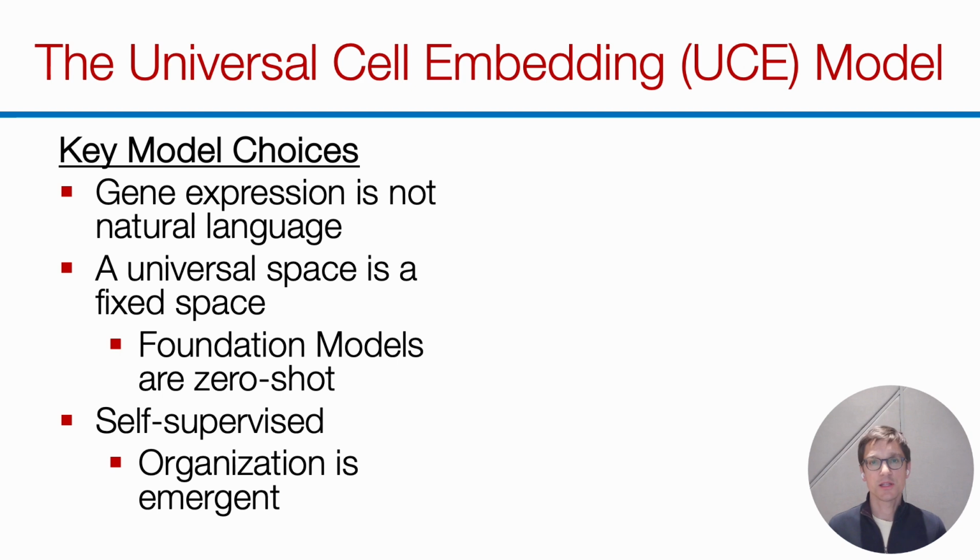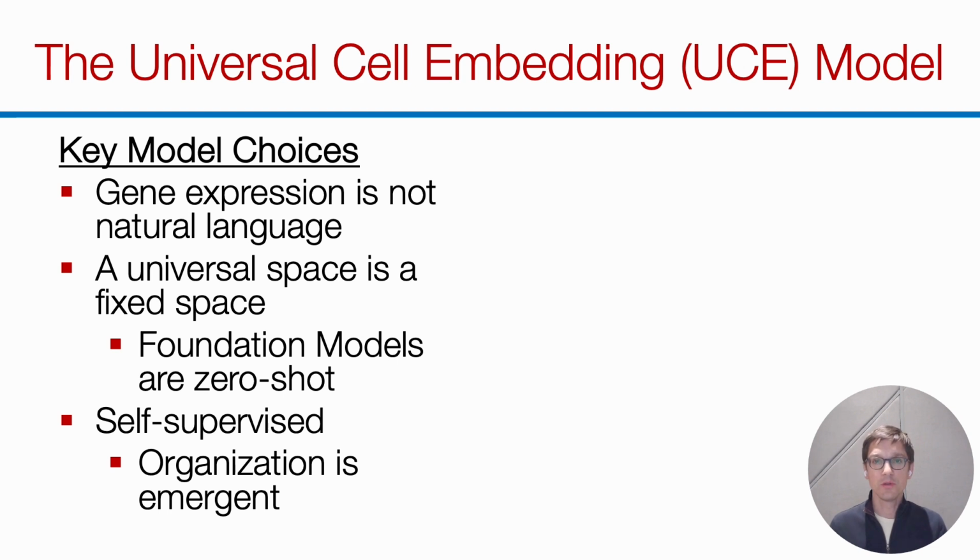The key modeling choices that we made in building this model is that gene expression is not natural language, so we have to develop various kinds of innovations to have inductive biases that are different than the natural language bias. The universal space is fixed, so our model has what is called a zero-shot ability.